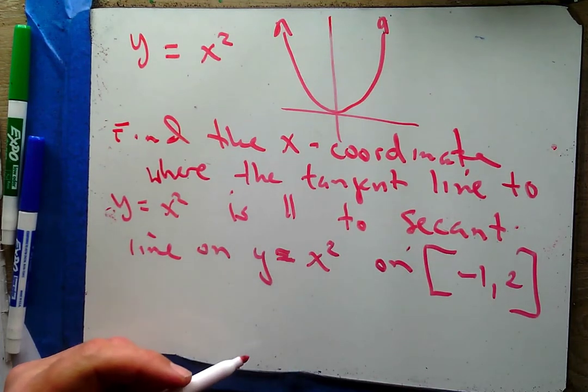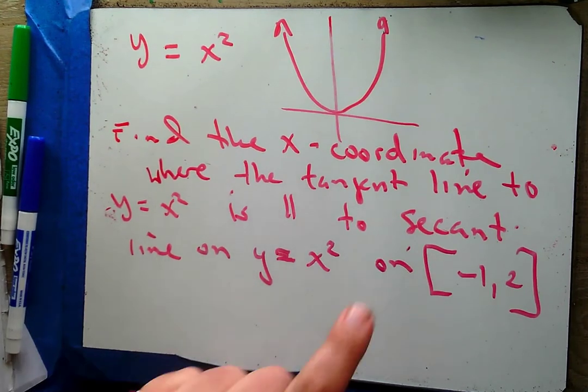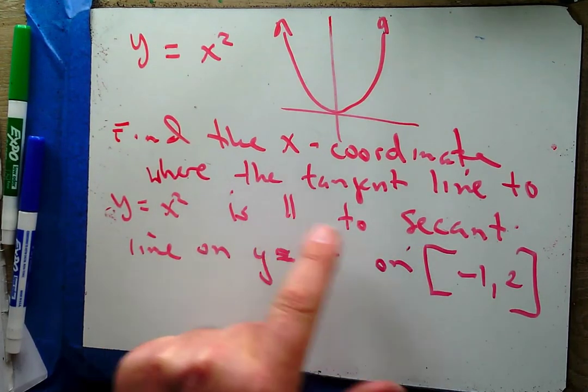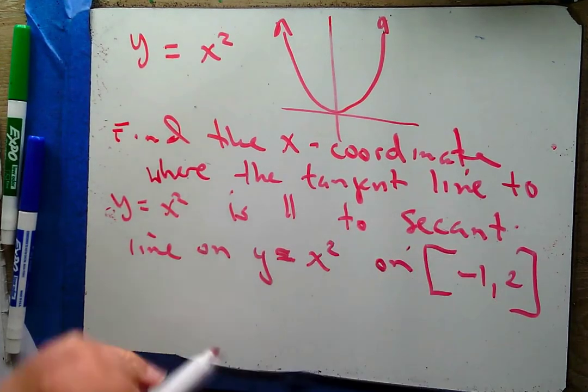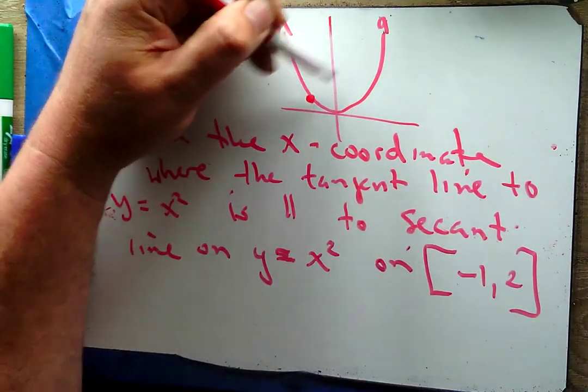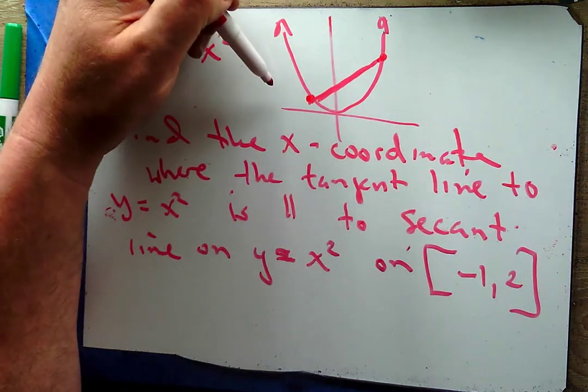Okay, so, wow, there's a lot of words here. I want a line that's parallel to the secant line on that interval. So that interval goes from negative 1 to positive 2, and I want a line that's parallel to this one.